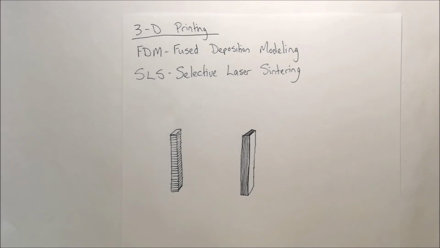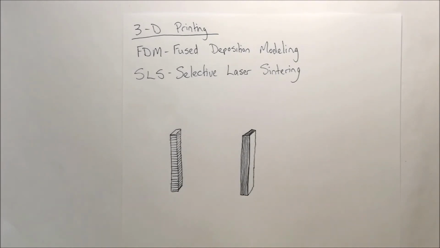Something that could be machined within half an hour might take maybe 24 hours to 3D print. So you need to identify whether it really needs to be 3D printed or not. Complex shapes are quite useful for 3D printing.